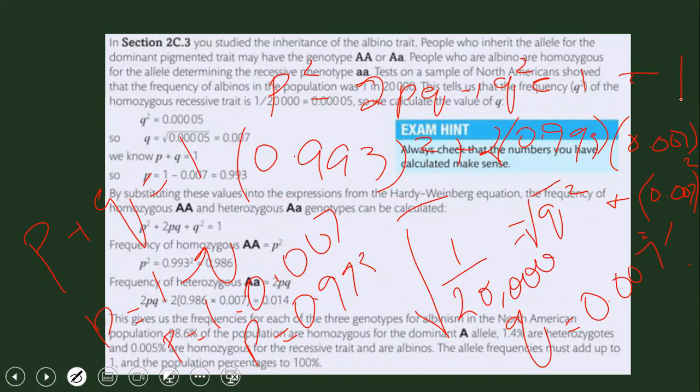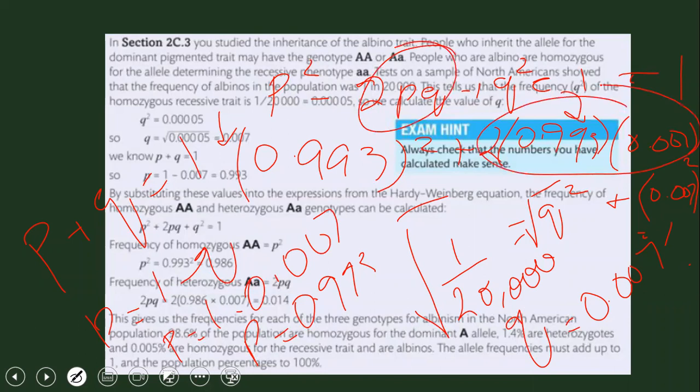And p squared was what? The number of homozygous dominant, right? So 0.993 squared is going to give you the number of homozygous dominant. q squared, 0.007 squared, is going to give you the number of homozygous recessive. And 2pq is going to give you the heterozygous genotype.